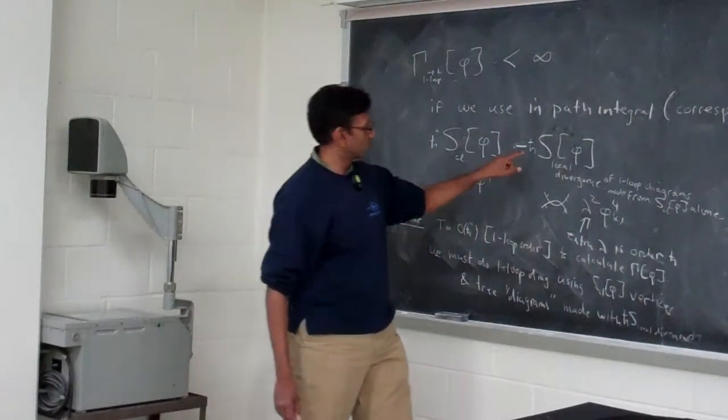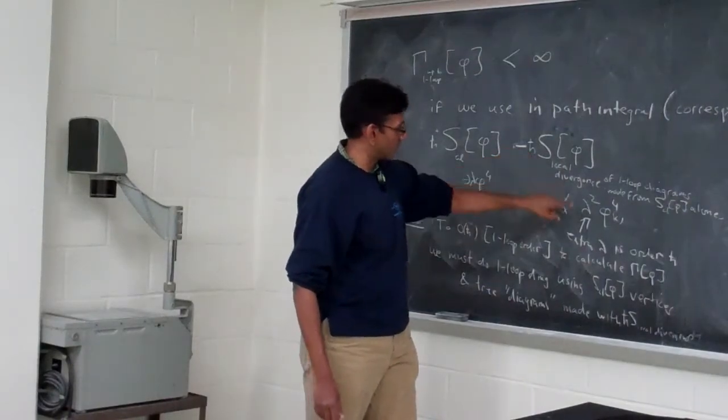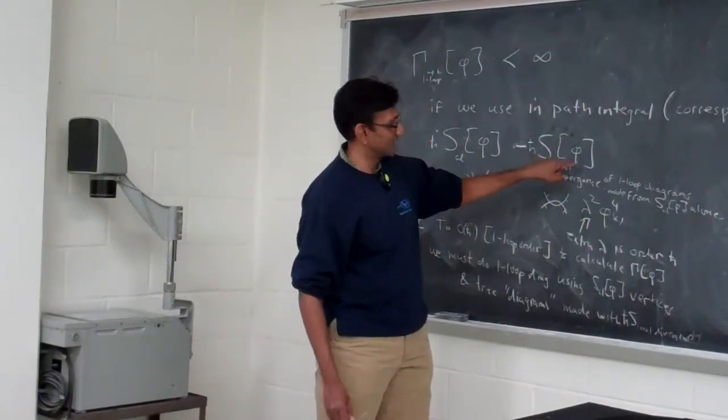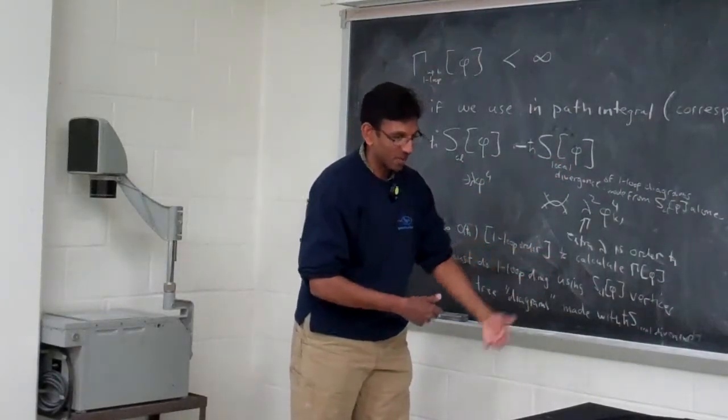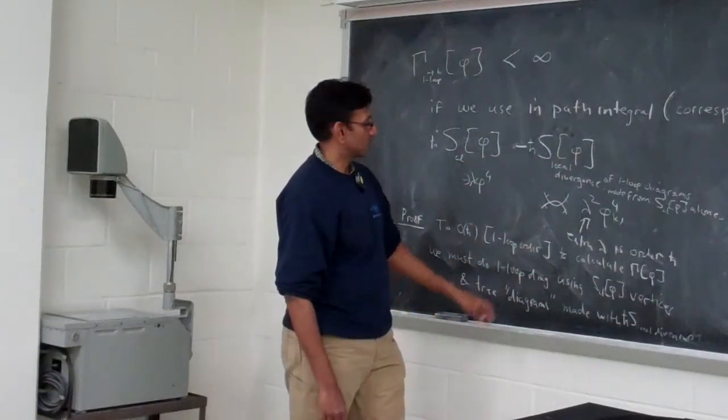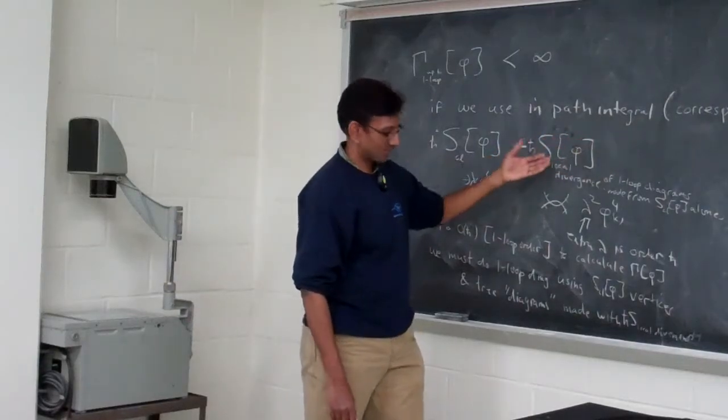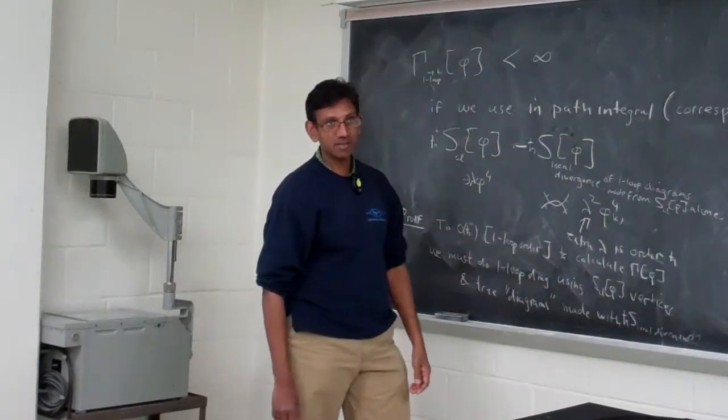There's already an h bar in front of every term in this, which means we can't afford to use it in a loop diagram. So it just contributes the way it is to the effective action.